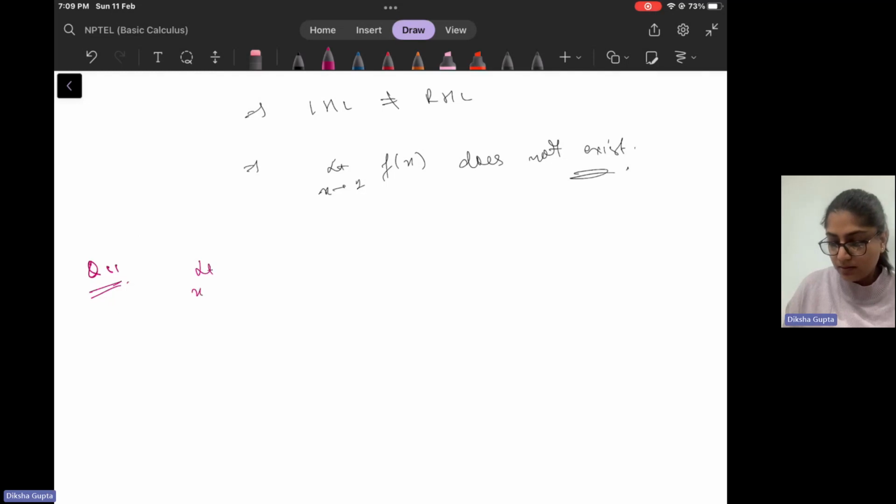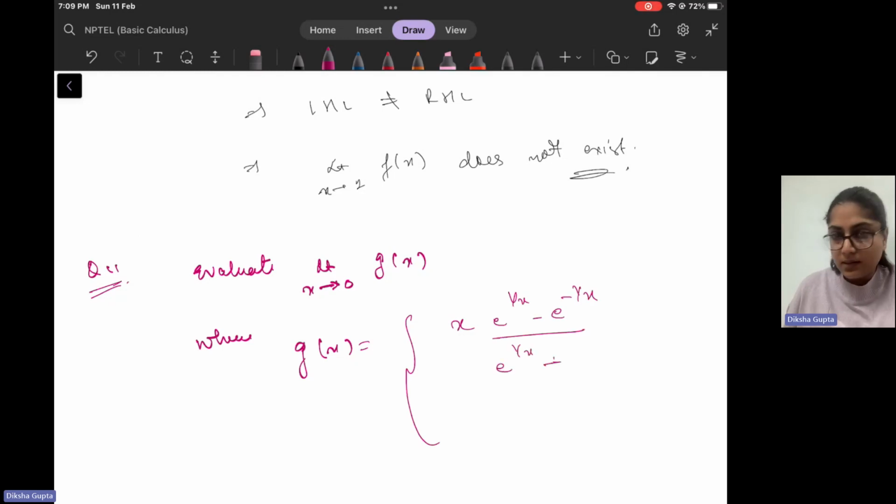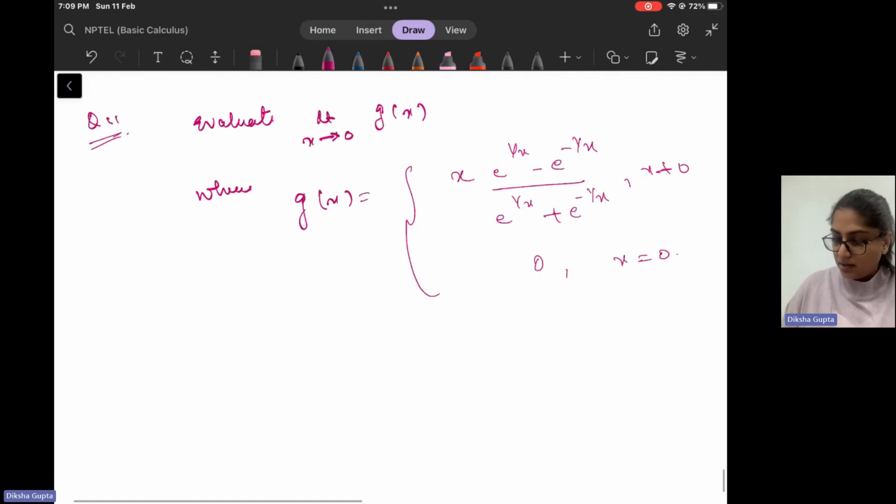Evaluate the limit of g(x), where g(x) is defined as x(e^(1/x) minus e^(minus 1/x)) upon (e^(1/x) plus e^(minus 1/x)) when x is not equal to 0, and 0 when x is 0.